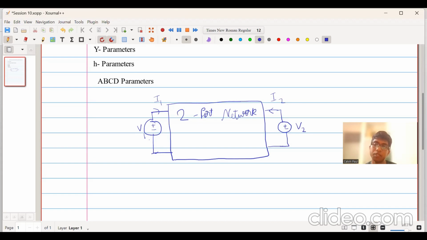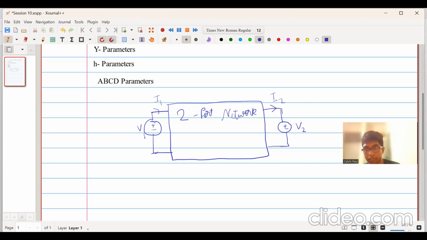In a sum, they could give you a random network, and to confuse you, they could write this as I2 and show the direction to be in the opposite direction. If such is the case, you might find the parameters, but there will be a negative sign on the parameters, and you get the wrong answer because it is sign specific.